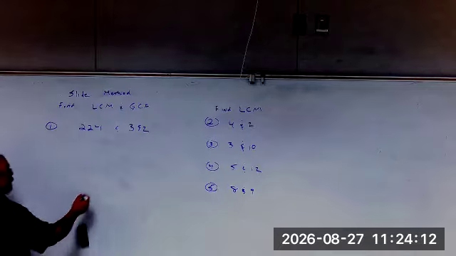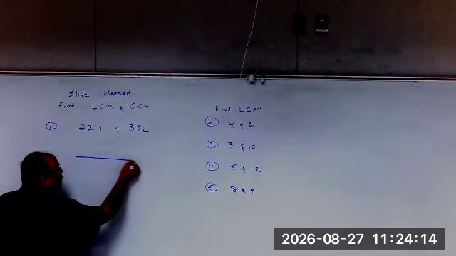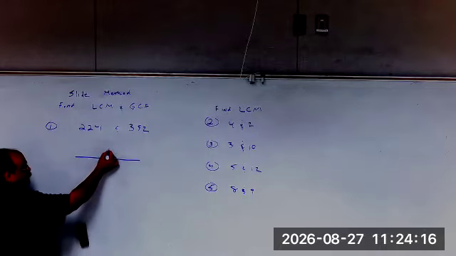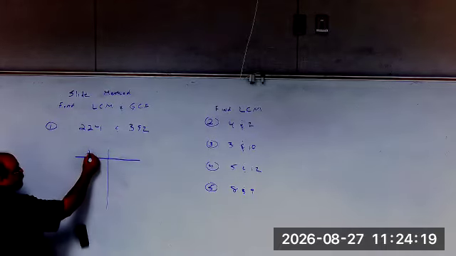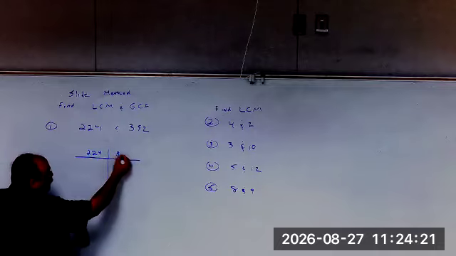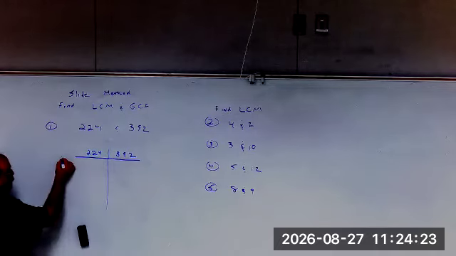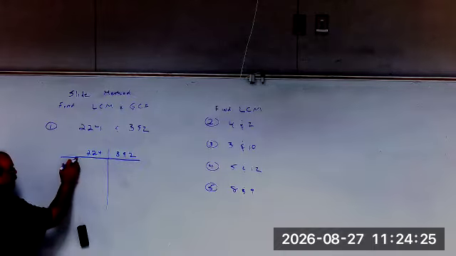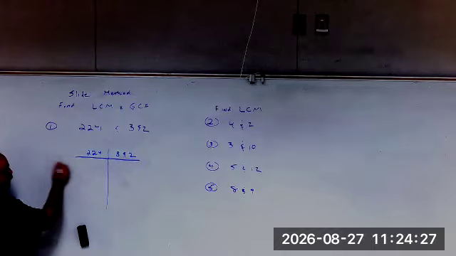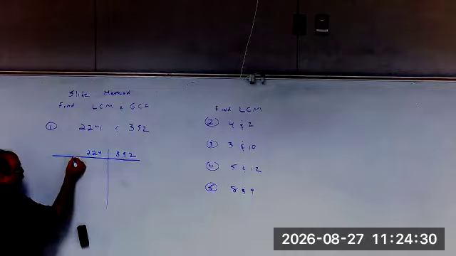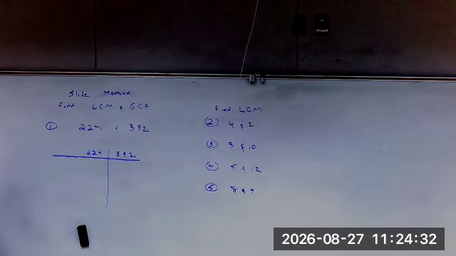First thing you want to do is make a little line right here, and separate those two numbers at the top. You got your 224. You got your 392. You want to make a good line. There you go.